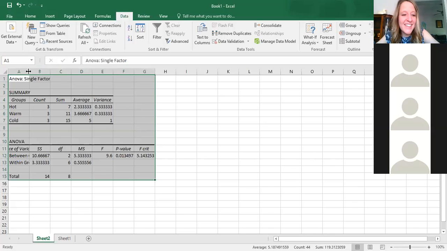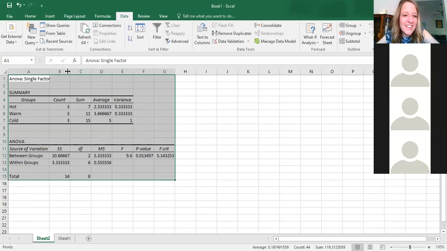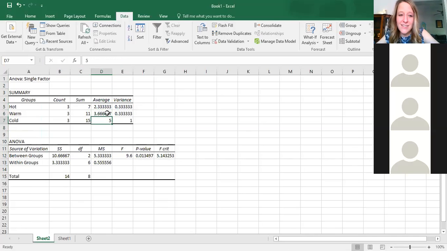So if you see, it calculates everything that we've been doing. So you have each of your group means or averages. Then you have your sum of squares between groups, your sum of squares within groups. You have your degrees of freedom of 2 and 6.